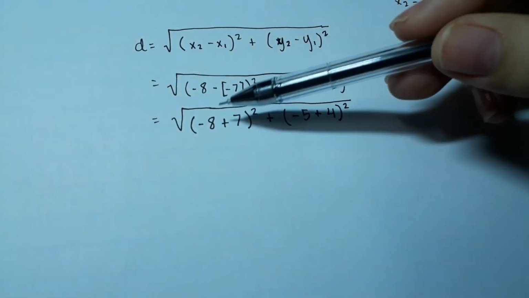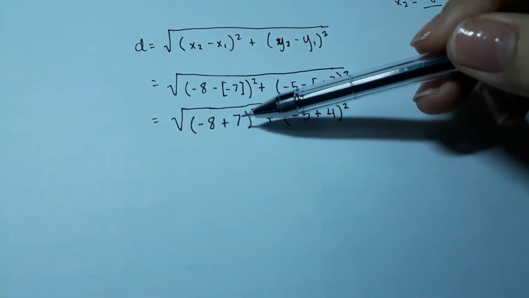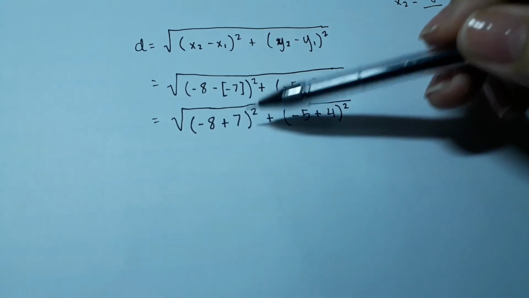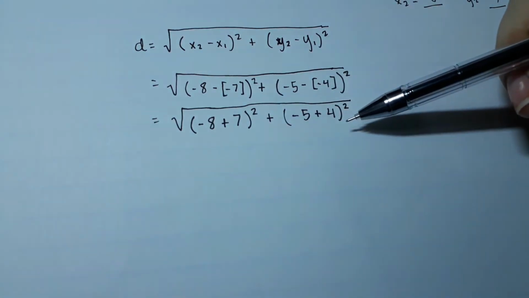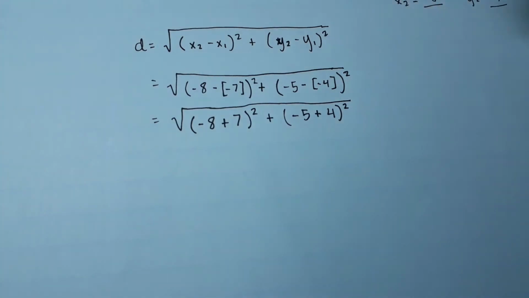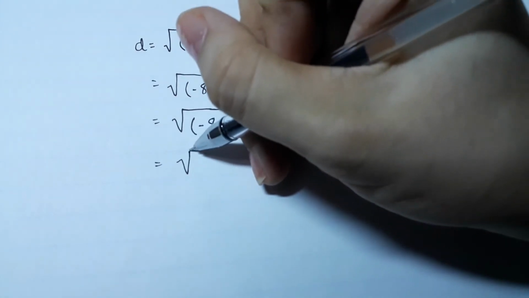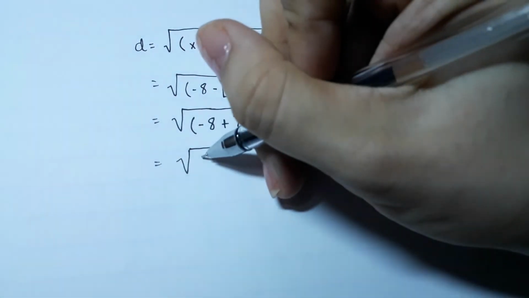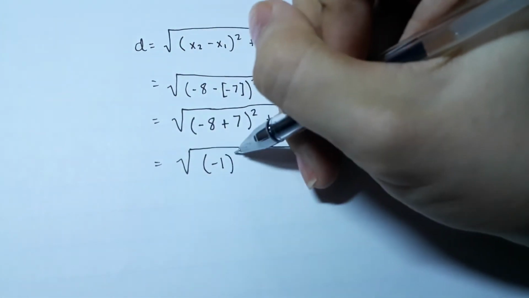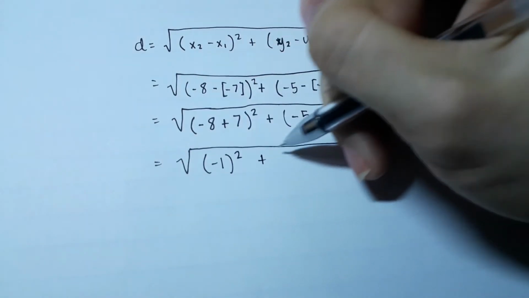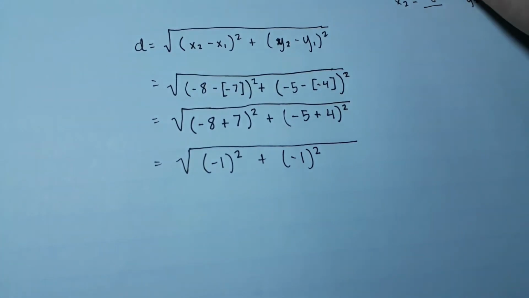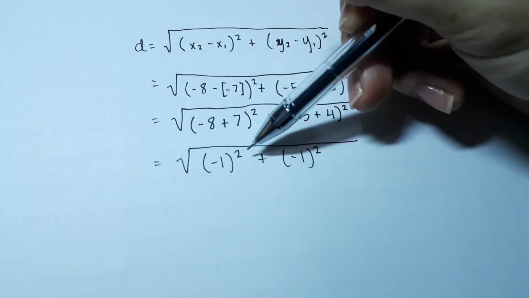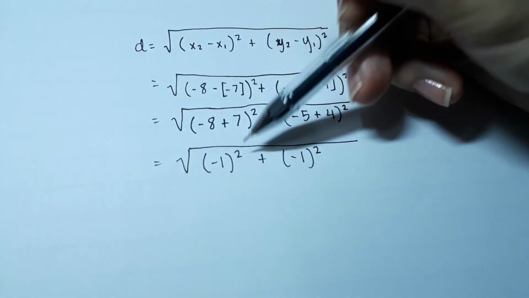So negative 8 plus 7 is equal to negative 1. The same with this, negative 5 plus 4 is also equal to negative 1. Negative 1 squared plus negative 1 squared. Now negative 1 squared is equal to 1.